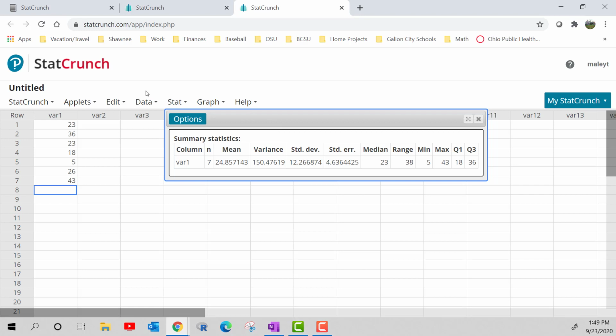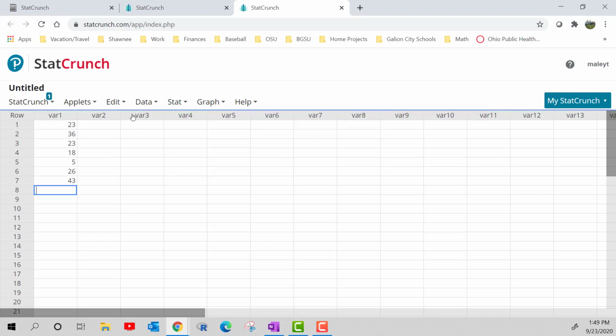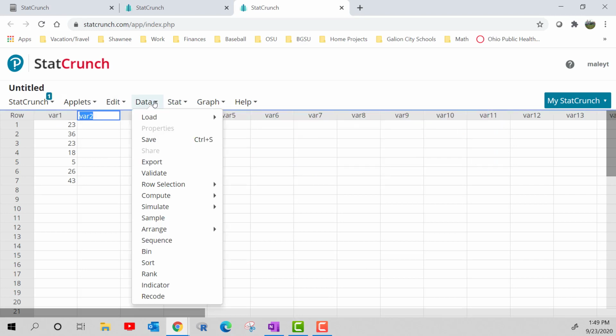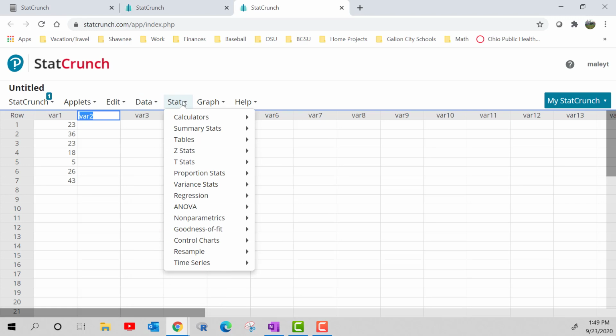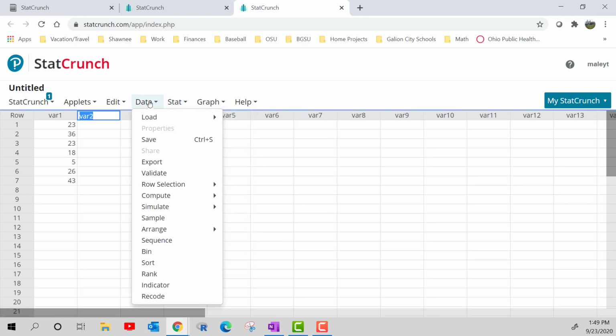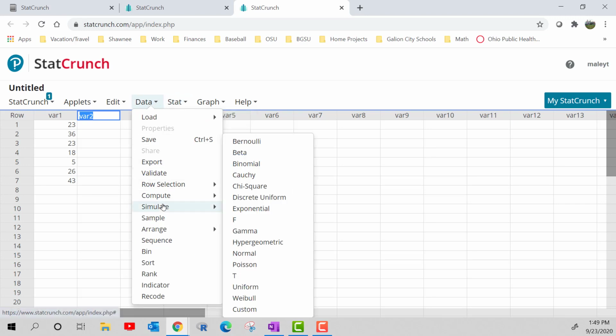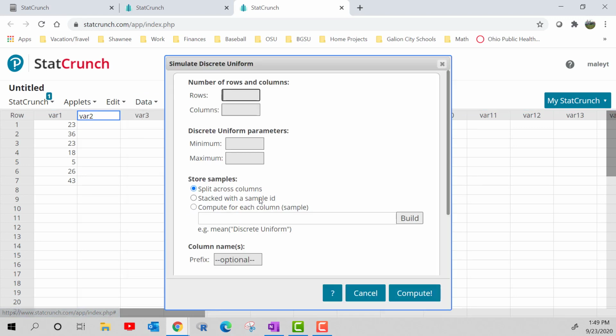So then what we're trying to do is to get a simple random sample. If you remember, I could go to data, then simulate, and then discrete uniform, right?